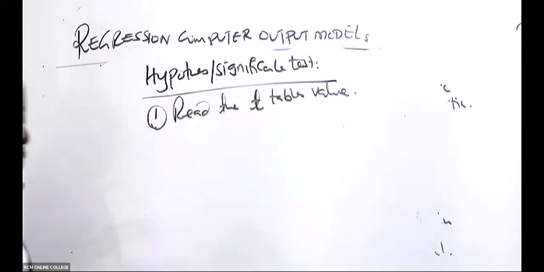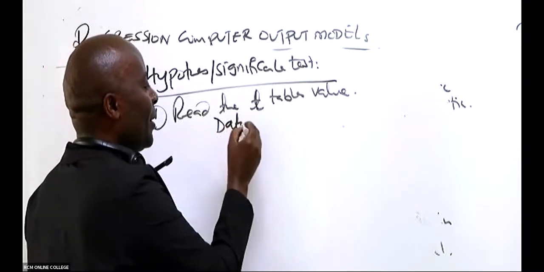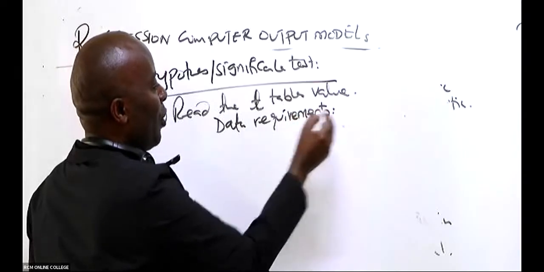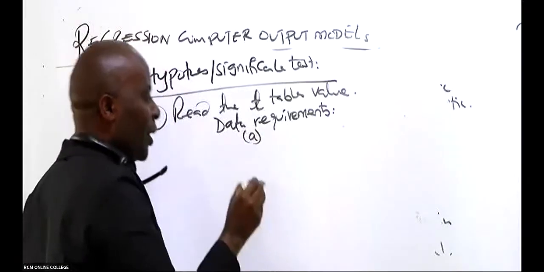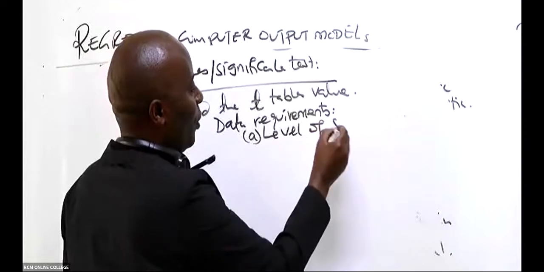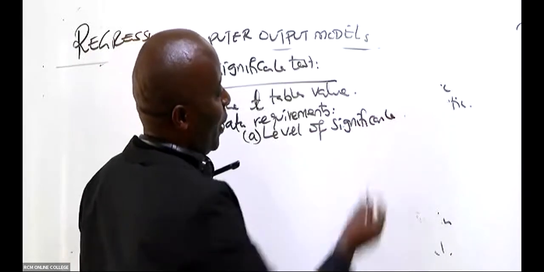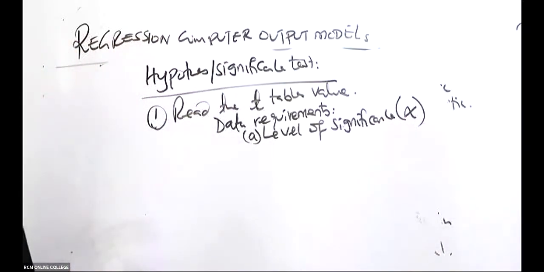And for us to be able to read the T table's value, what do we need? Data requirements. A, we need, my good students, the level of significance that we call alpha.